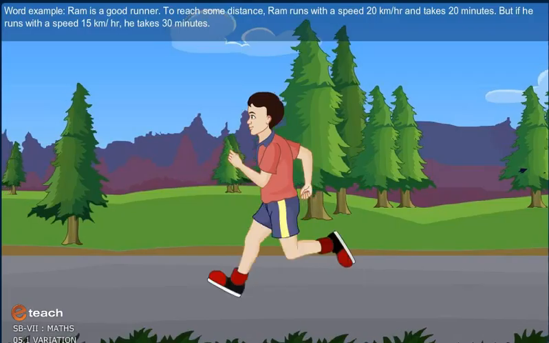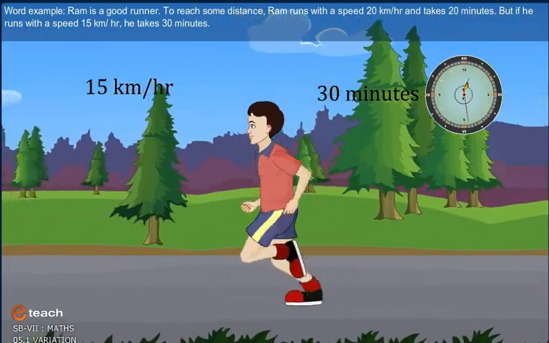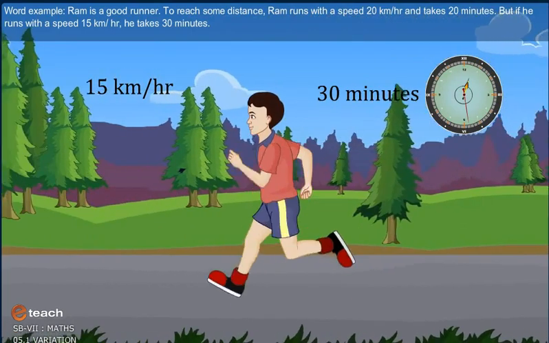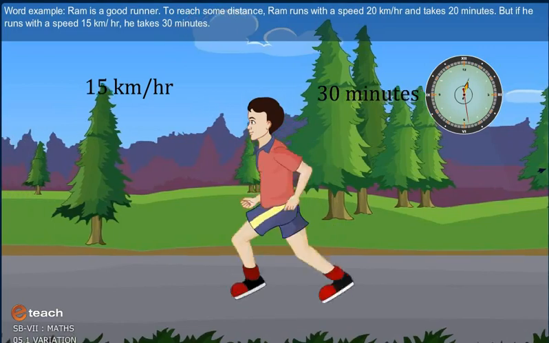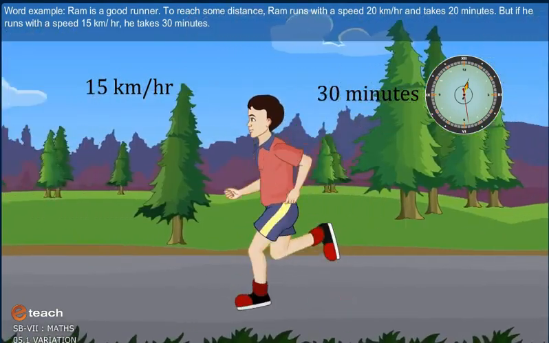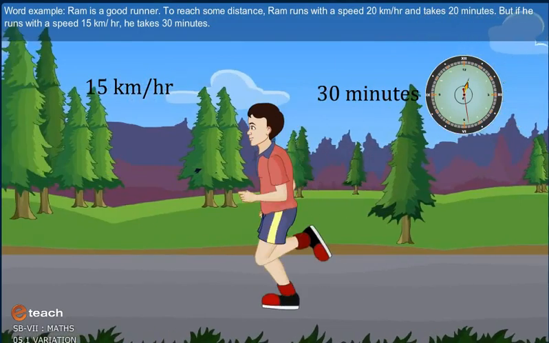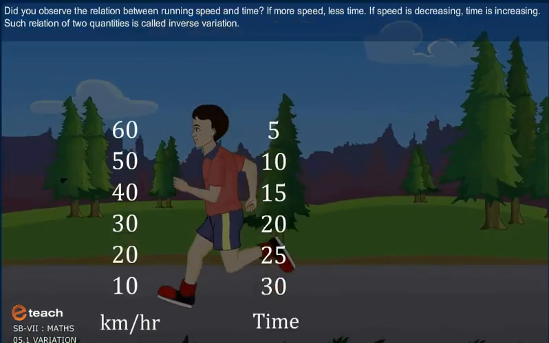Word example. Ram is a good runner. To reach some distance, Ram runs with a speed of 20 km per hour and takes 20 minutes. But if he runs with a speed of 15 km per hour, he takes 30 minutes. Did you observe the relation between running speed and time?